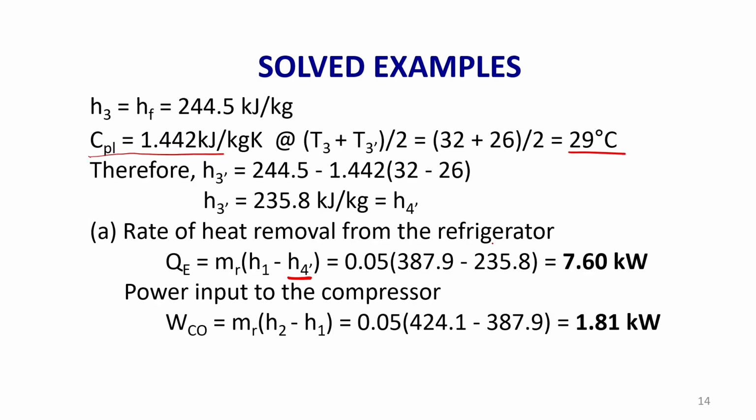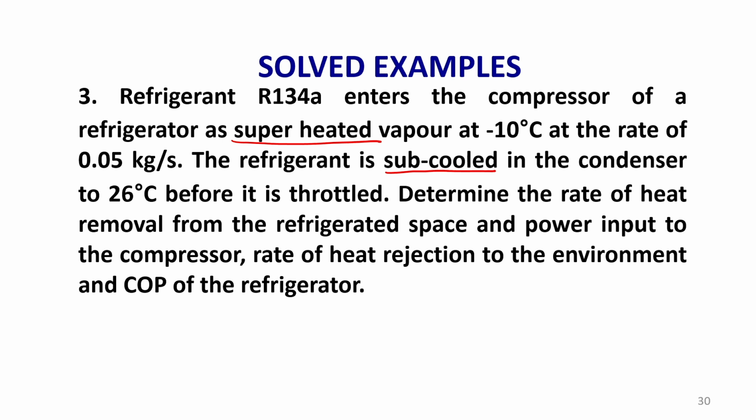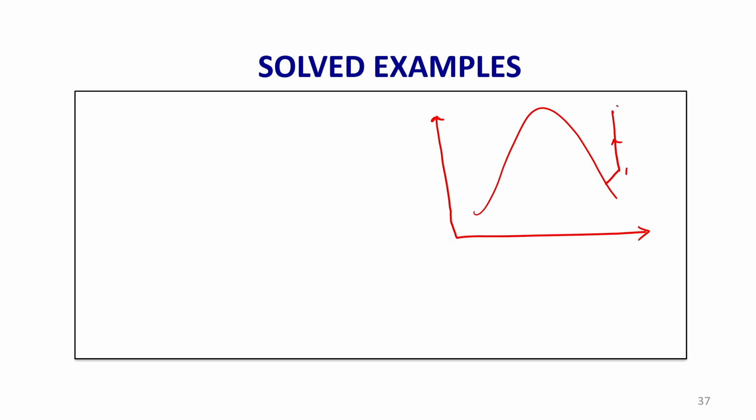Let me draw this diagram and explain again, so that it gives better clarity. This is the TS diagram for subcooling and superheating. Here some superheating takes place. 1 to 2 is isentropic compression. Then this is isothermal heat rejection.